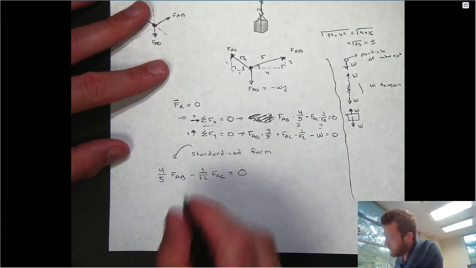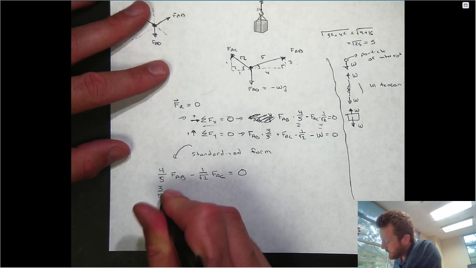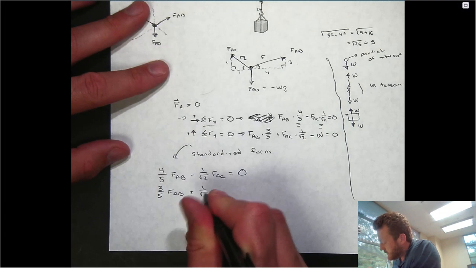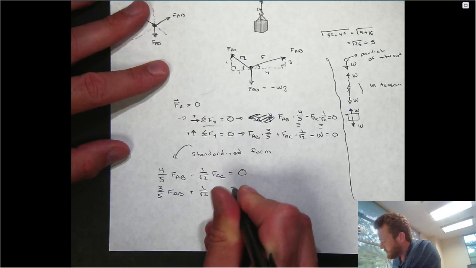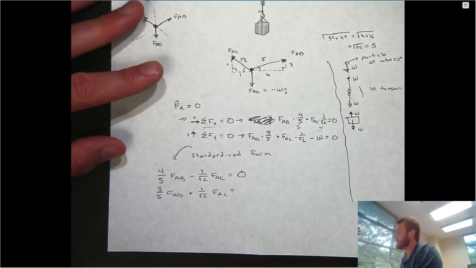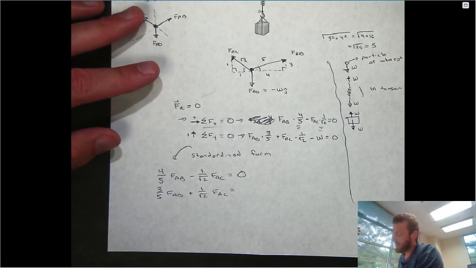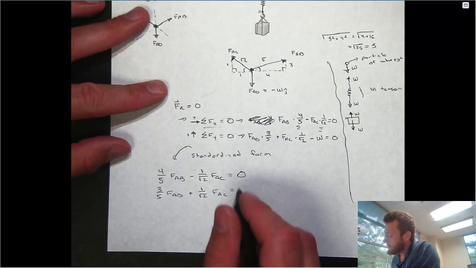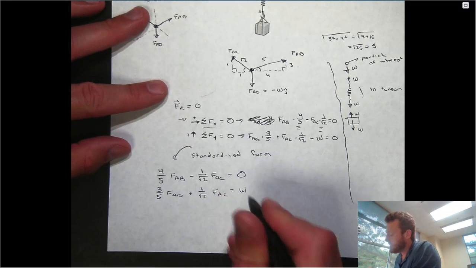And the second equation will be 3/5 FAB plus 1 over root 2 FAC. My high school algebra teacher would be mad at me for keeping a radical in the denominator, but that's okay because we're just going to put it in the calculator anyways. And the second equation will have a term on the right side, which is equal to w.